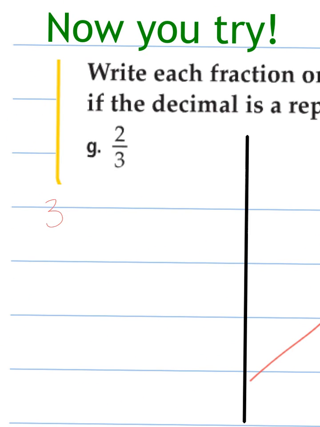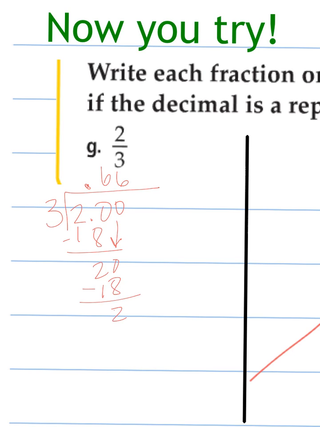2/3. We do our division. It can't go into 2, so we add our decimal and a 0. It goes into 26 times, which is 18. Do our subtraction. We keep doing our division.